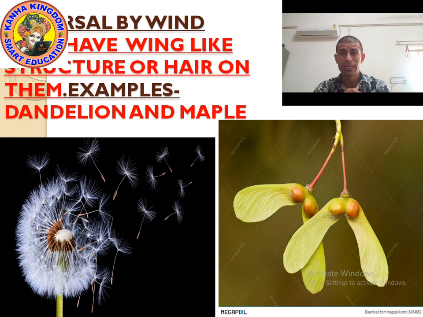So which are the seeds? You can see the picture on screen. I have shown two pictures. In the first picture you can see a white colored seed. Yes, these are seeds, my friend. They scatter away from one place to another place. You might have seen it. What is the name of it? Do you know?